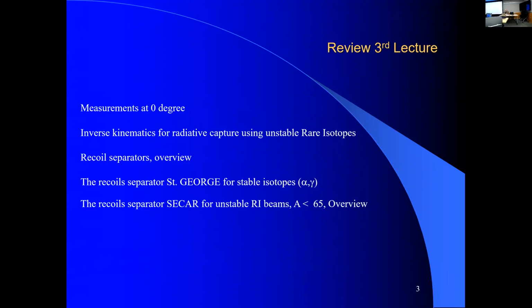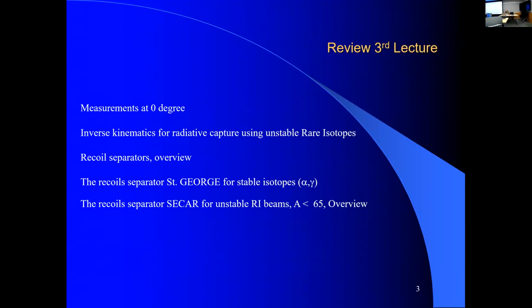In the last lecture, so it's 3, but in total it's lecture number 4, we have learned about 0 degree. Of course, all recoil separators, fragment separators, and nowadays most spectrometers work there because the physics is at 0 degree.